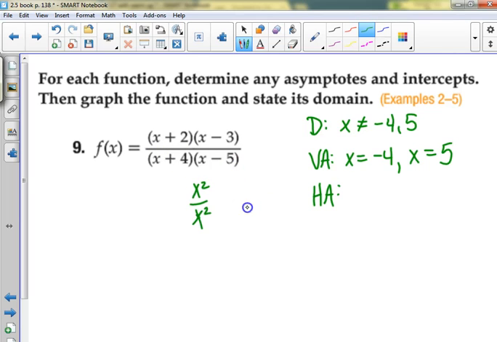X squared over x squared, so it has a horizontal asymptote at, okay? Intercepts. So the x-intercepts, top equal to 0, yep.